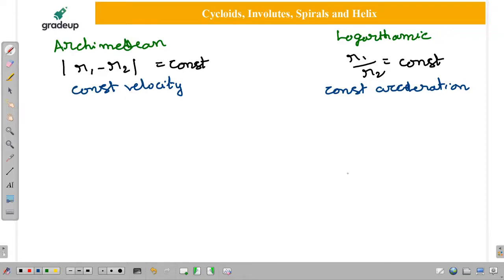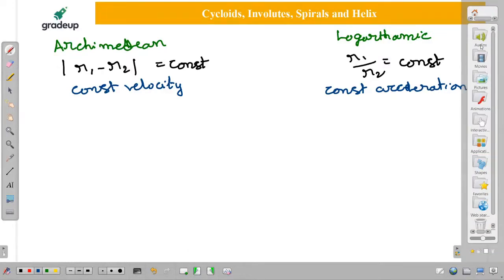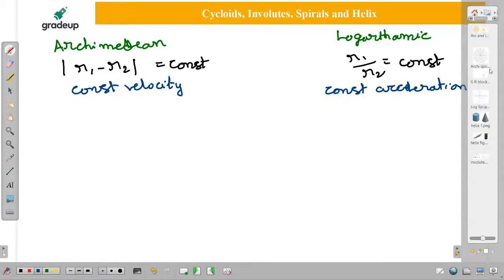Then it is called constant acceleration. So if it is moving with constant velocity, this is the Archimedean spiral. If it is constant acceleration, it is the logarithmic spiral. If I show the diagram, you can get some more clarity. That's why I will show this particular thing.